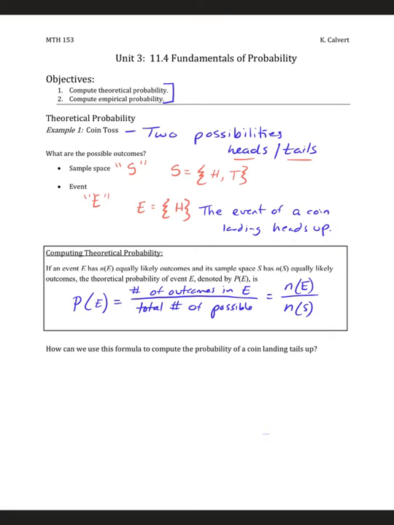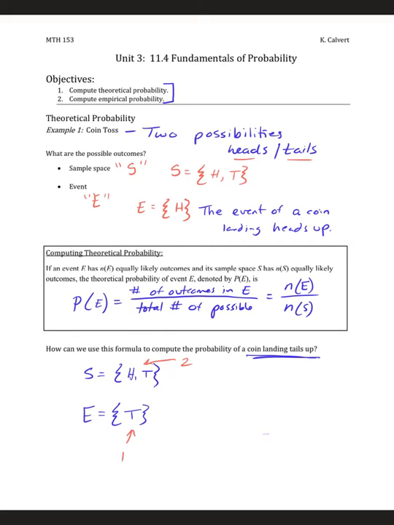So using this formula, we want to compute the probability of a coin landing tails up. Just to run through this, we know that the sample space of this event is going to be heads and tails. Those are the two possibilities. Now we want to find the event of the coin landing tails up. Well, we know there is only one outcome that we are looking for, whereas the sample space has two.